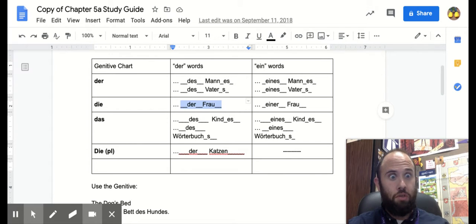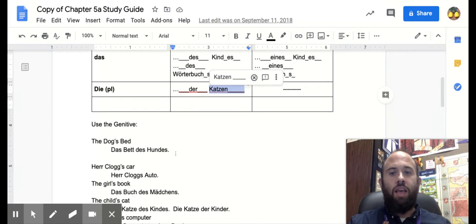That's confusing. The feminine nouns do not get any additional letters. Same with plural. It goes to der, and then no ending after Katzen. The cats' car. Das Auto der Katzen. The car of the cats.